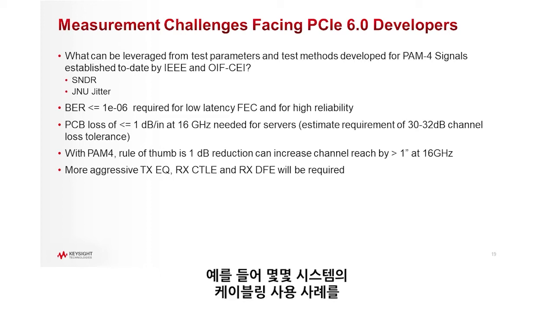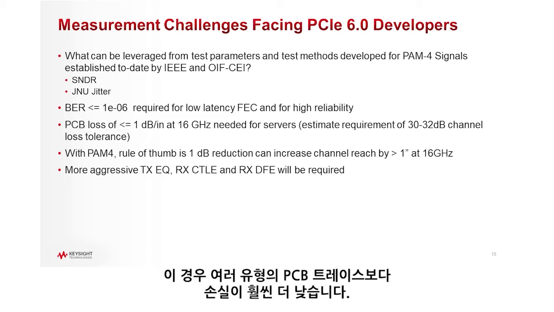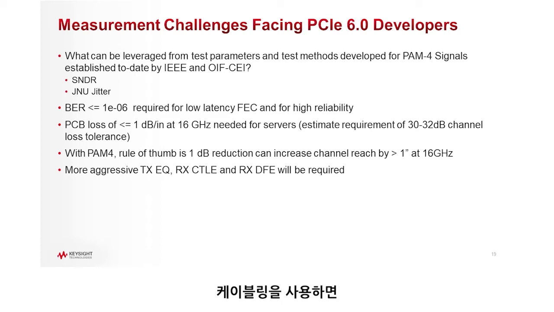For example, one of the things that we have seen in some systems is the use of cabling, which has much lower loss compared to many types of PCB traces. So with the use of cabling, for example, you may be able to extend the length beyond, say, 20 centimeters, which might be the limit of the channel if you were to implement it in PCB material.